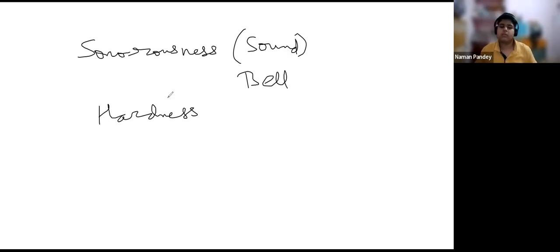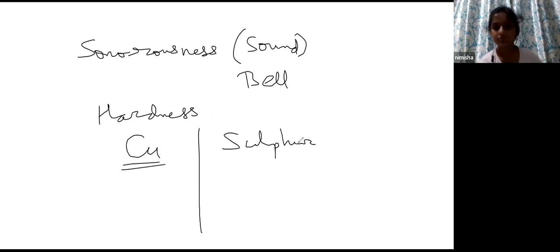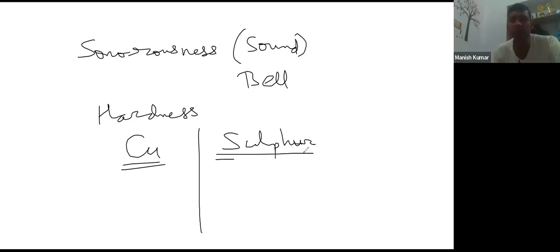Now, if you are told to differentiate between characteristics of copper and sulfur, can you? Copper and sulfur. If you have to differentiate between them, how to do it? Cu stands for copper, and this is sulfur. If you are asked in your exam, a 10-mark question.